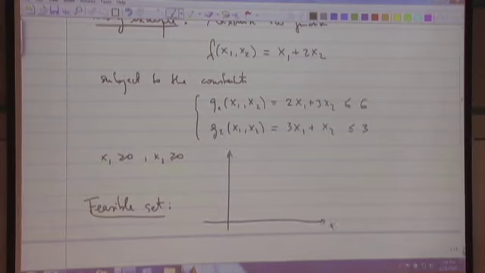In two dimensions, when we have 2 variables, linear inequalities lead to lines and half planes, right? So the equality leads to a line, and then the inequality leads to one of the 2 half planes. So let's see, 2x1 plus 3x2 equals 6. It looks something like this.